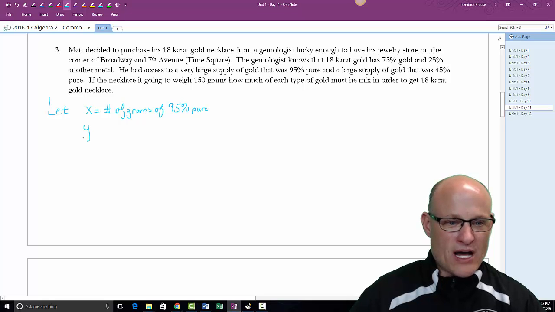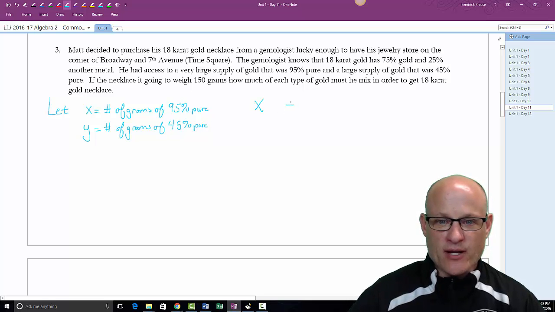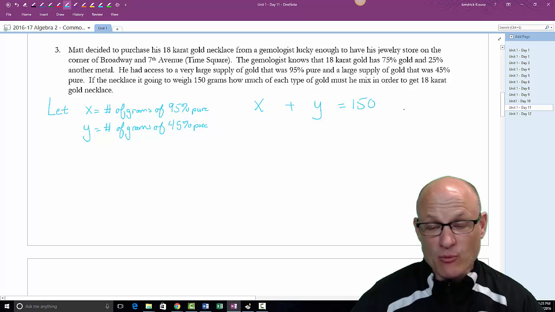And let's let y equal the number of grams of 45% pure. Because those are the kinds of gold he has to work with. And I know when I add up x and y, I have to end up with 150 grams. Okay, that one's not bad.